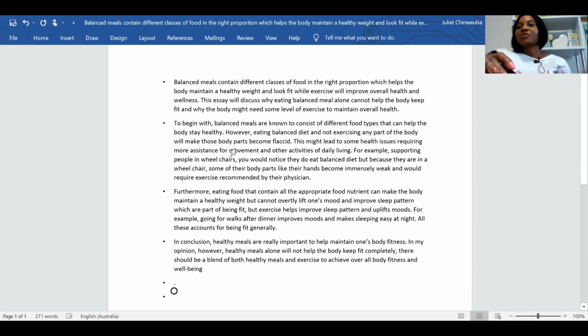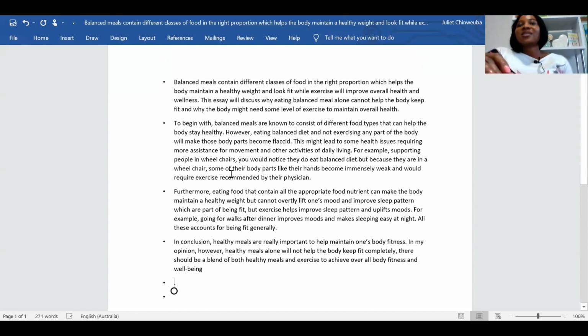And what else? My grammar, hopefully I have used the right grammar. I'm not a contemporary English teacher, but hopefully I used the right grammar. My spellings are really top notch. This is a Word document, so it would have underlined it if I didn't use the right spellings. My vocabulary is also good.